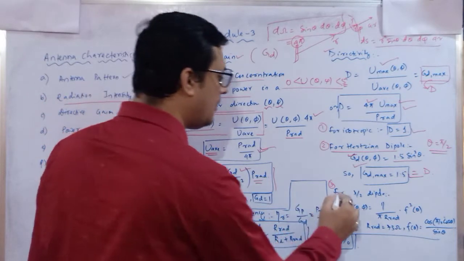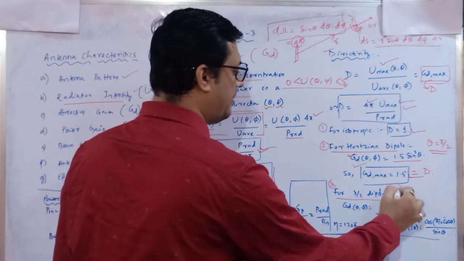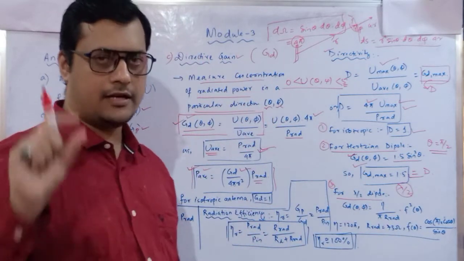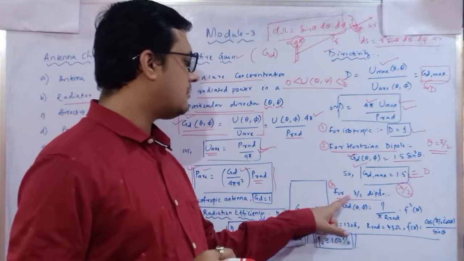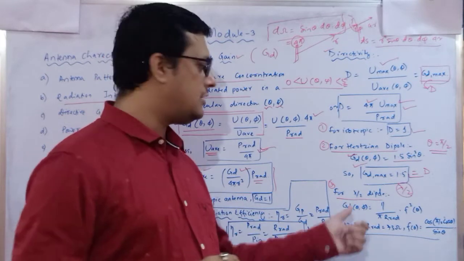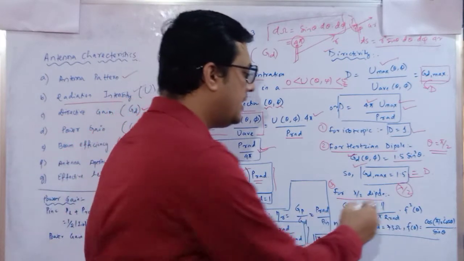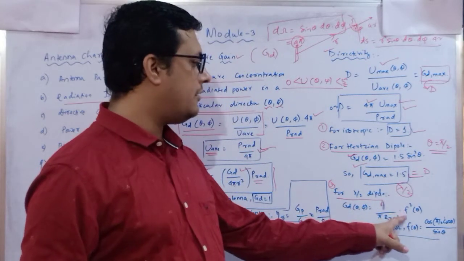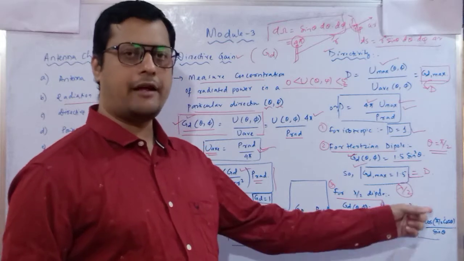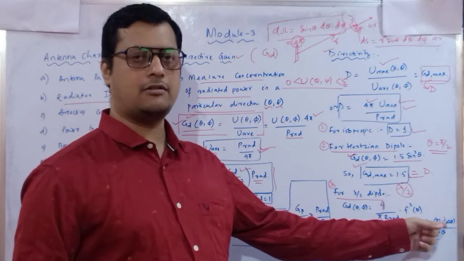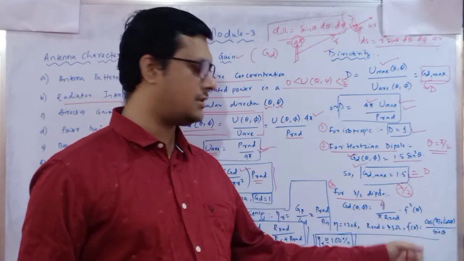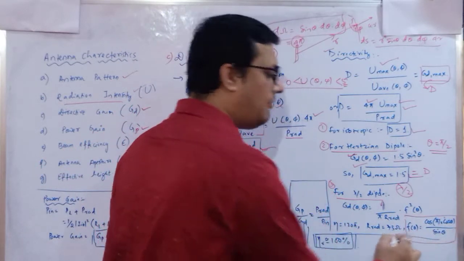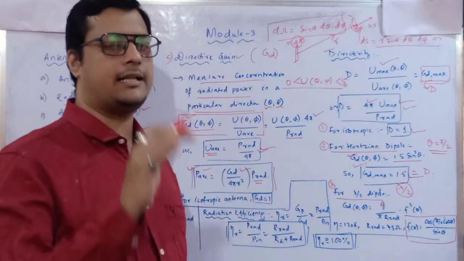Similarly, for the half wave dipole, that means lambda by 2, the length of the antenna is lambda by 2. So for the half wave dipole, your GD of theta and phi will be eta divided by pi into R rad, whole into F square of theta. F of theta is nothing but the ratio of cos of pi by 2 cos theta divided by sin theta. So this is the function. All these functions we will come across while discussing the individual antennas.